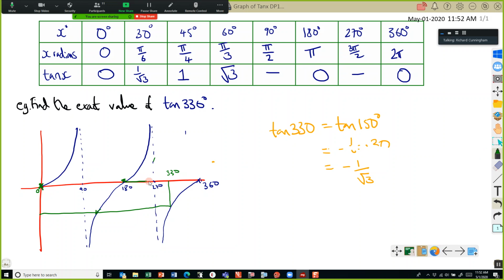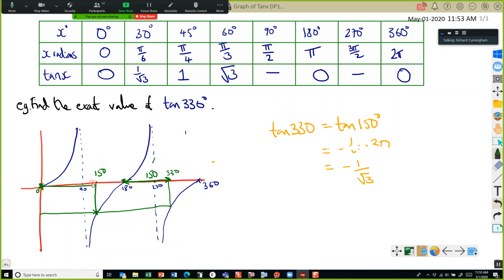How far is 330 from 180? 150? Yeah, that makes sense, obviously. So if I start from 0, from this landmark, because these are both the same, go out to 150. Okay, that's giving me exactly the same value.